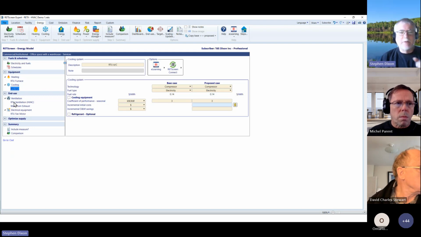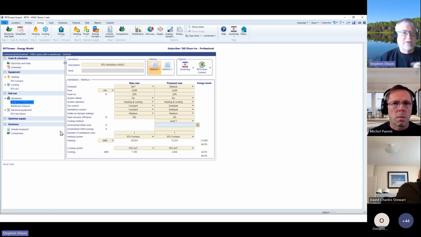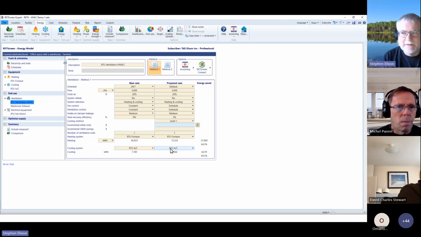All right, so now we have the end use system. These are the systems that actually utilize energy. In this particular example, I have basically a rooftop unit that's providing ventilation. And here I've detailed all the information about that. We're not going to do this one today, because Michelle's going to take us through this at least 4 times this afternoon, in different scenarios.